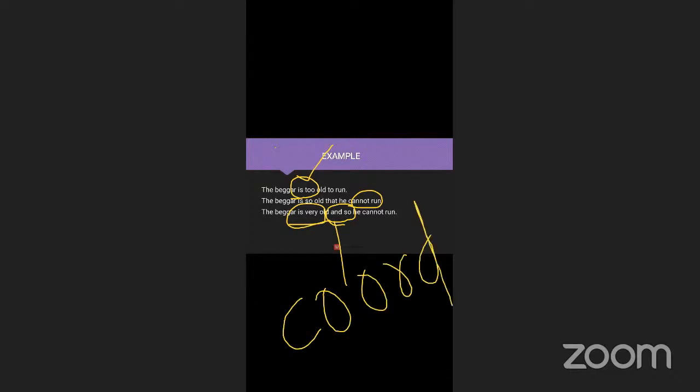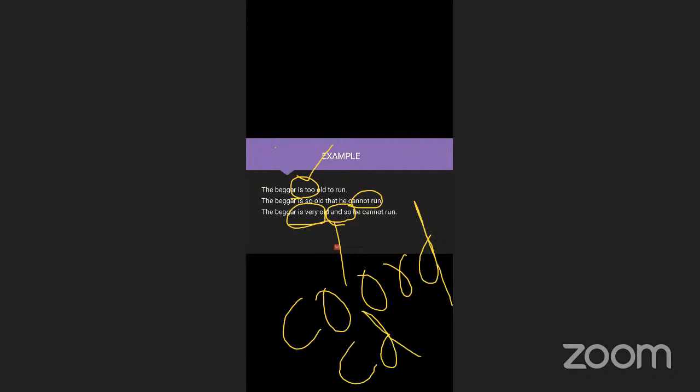The beggar is very old. This is a compound sentence, where instead of so that we used very. The beggar is very old, and so is the conjunction. This is a coordinating conjunction, used in a compound sentence.